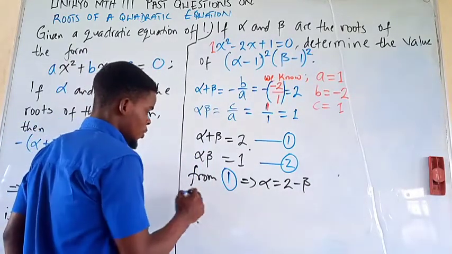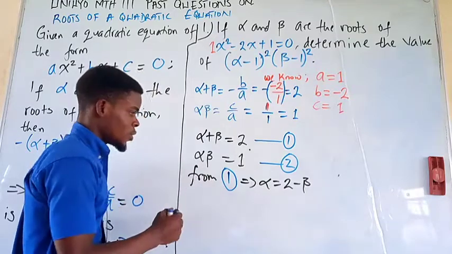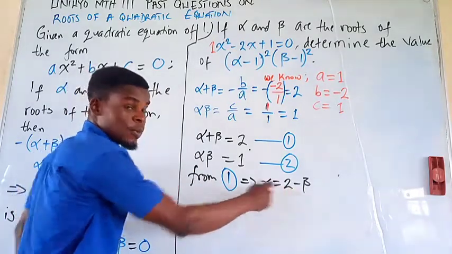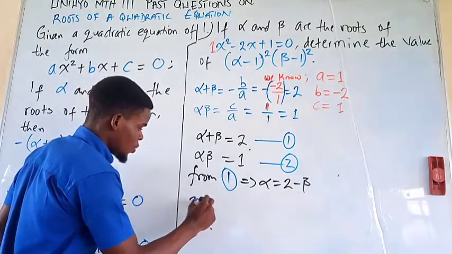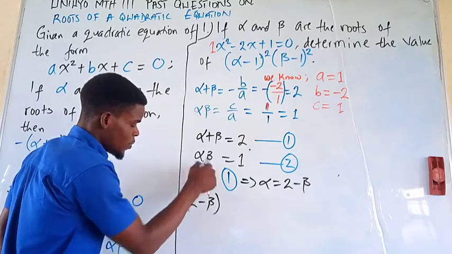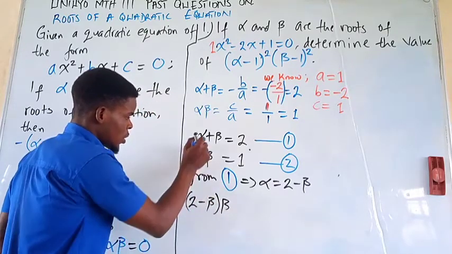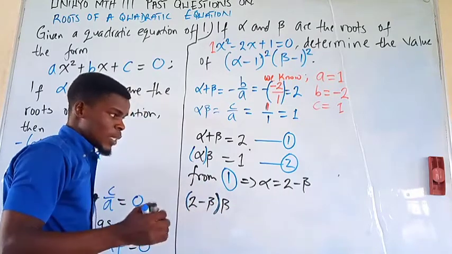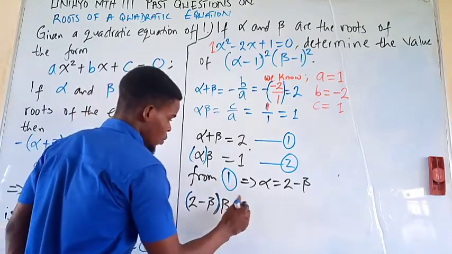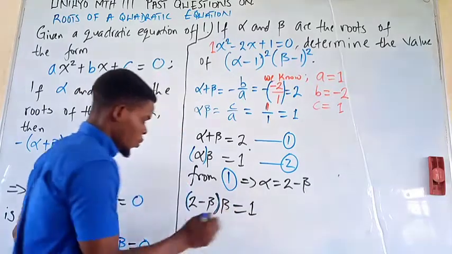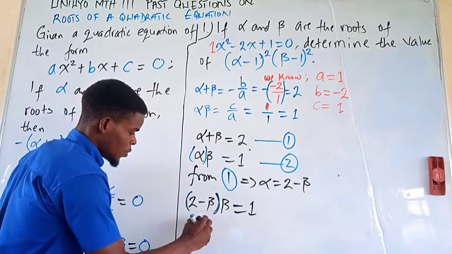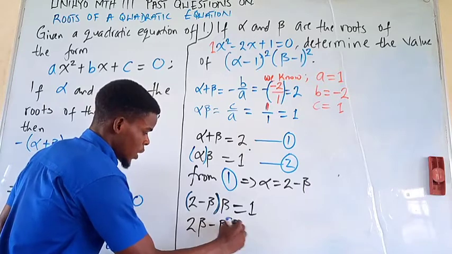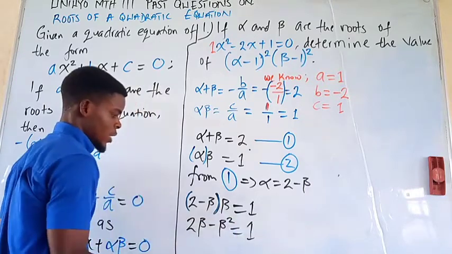We're going to substitute that into equation 2. In place of alpha, I'm going to put 2 minus beta, so we have 2 minus beta times beta is equal to 1. Multiplying this, we have 2 beta minus beta square is 1.